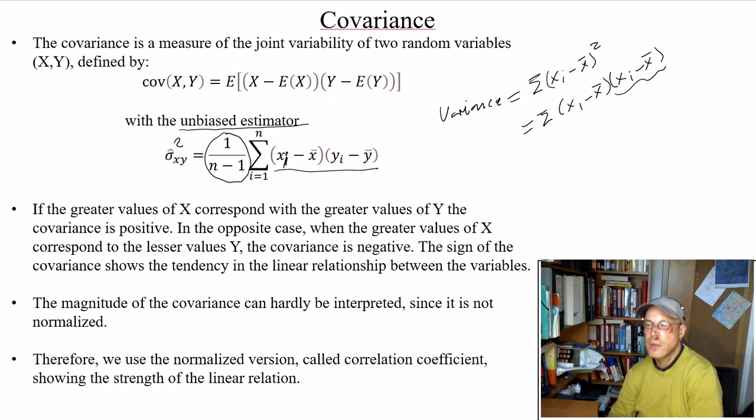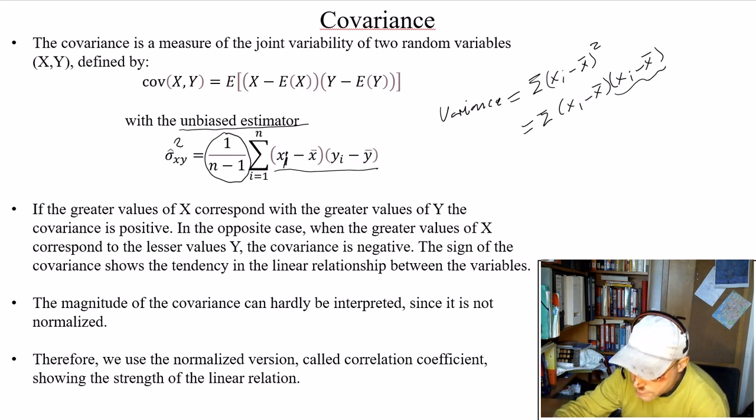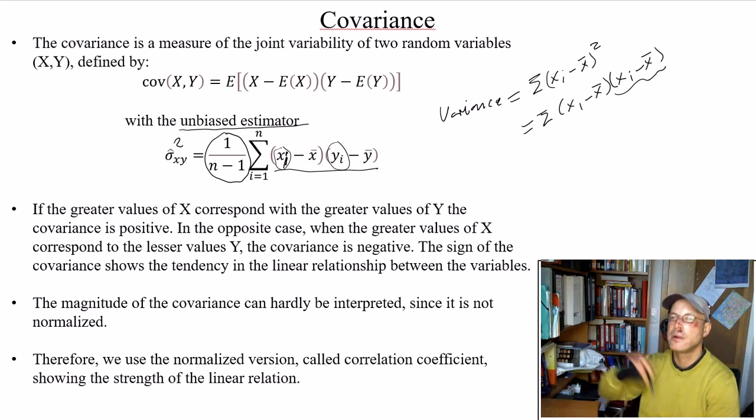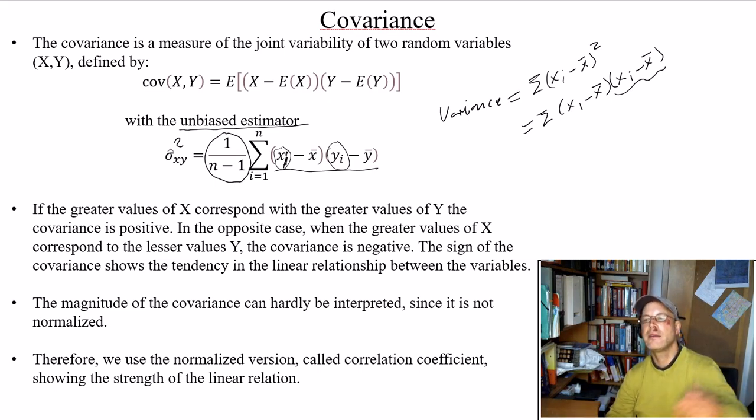Because why? Well, we have a unit for x and a unit for y. Remember our example, where x was the number of visits and y was measured in euros. So then we have the unit visits times euros. How should we interpret this?